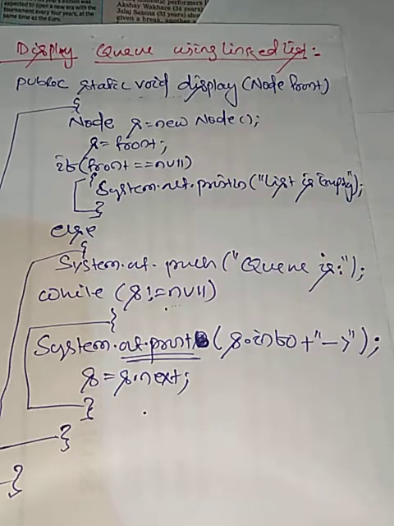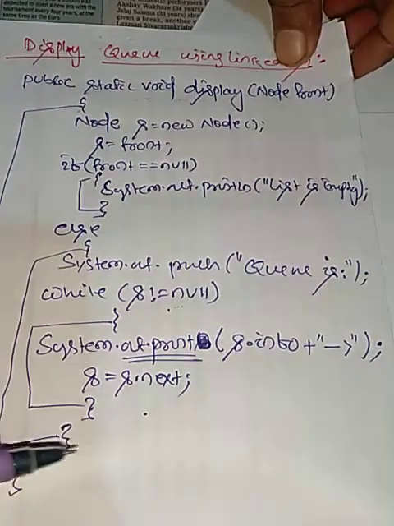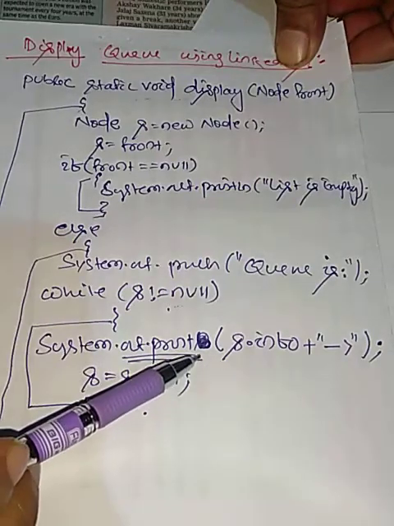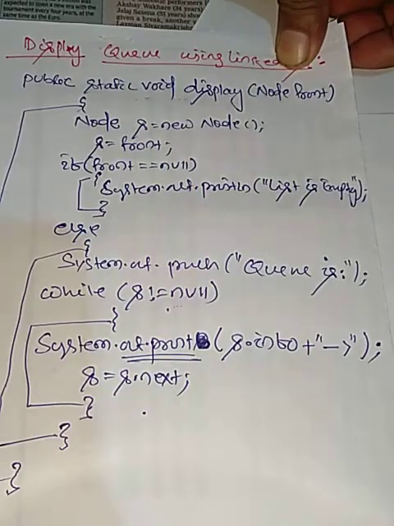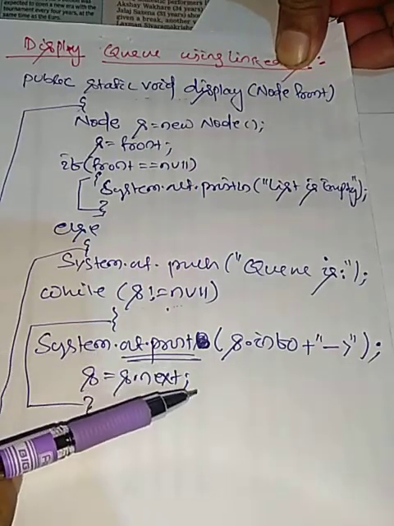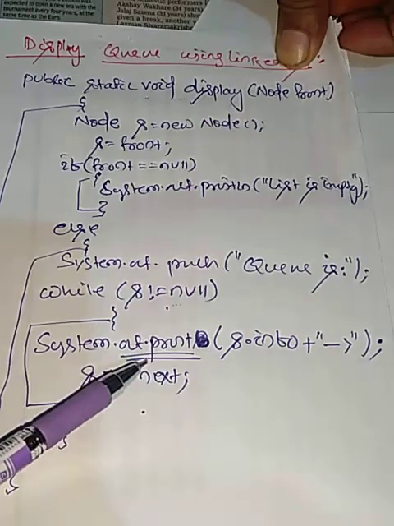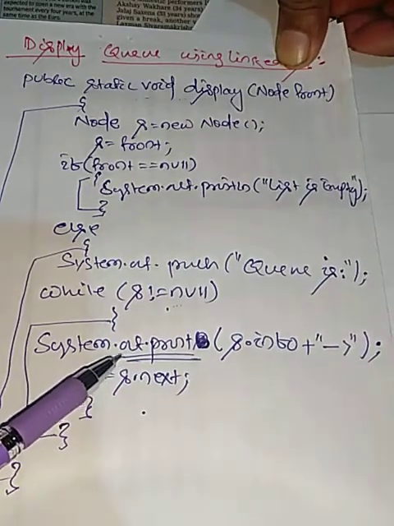So two crucial aspects we never forget: initially front equal to rear equal to null, and second, the rear has the next part null and the front has the previous part null.